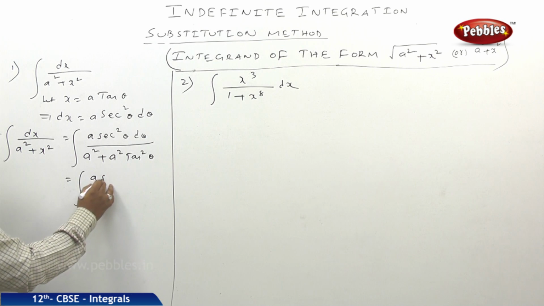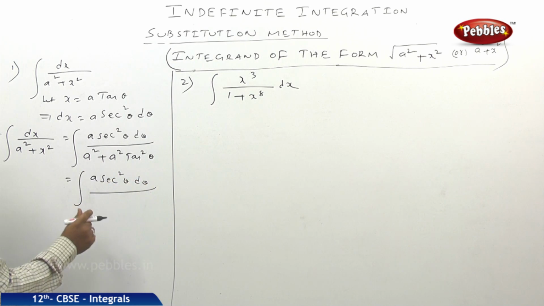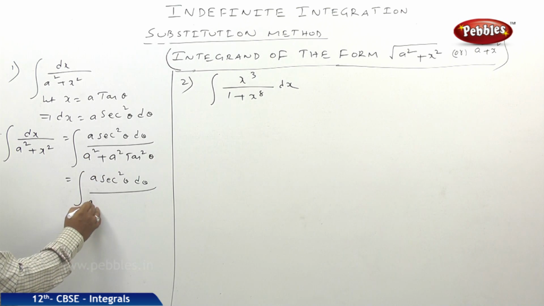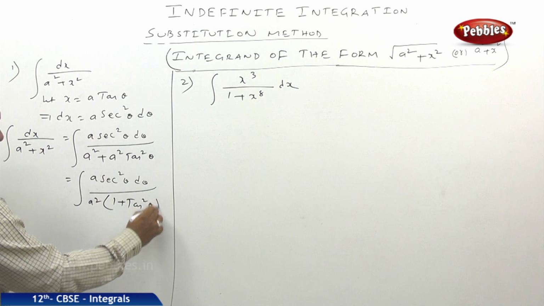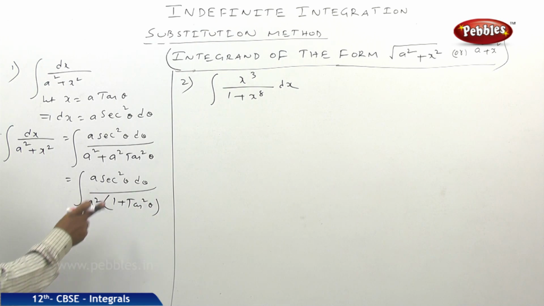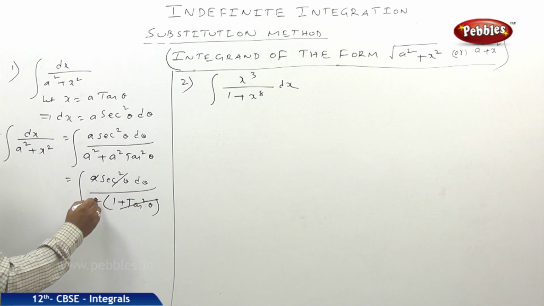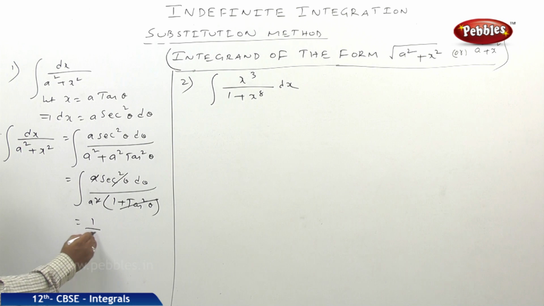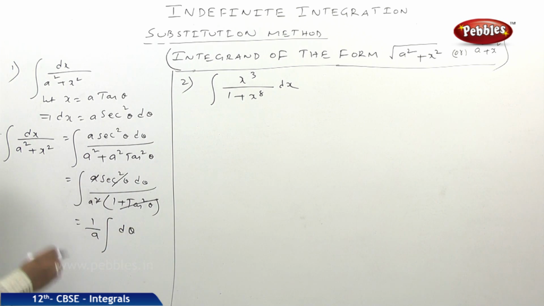So a into secant square theta d theta, and here a square common, there remains 1 plus tan square theta, but we know that secant square theta minus tan square theta is equal to 1. So both will be getting cancelled and one a will be getting cancelled, and that a will be coming outside. There remains d theta.